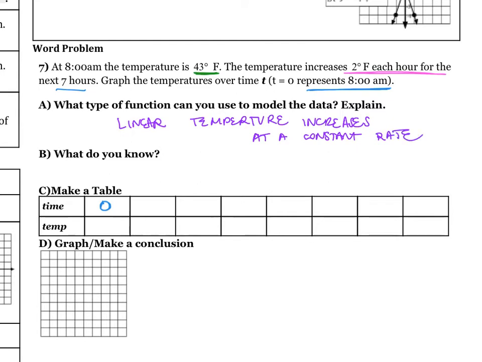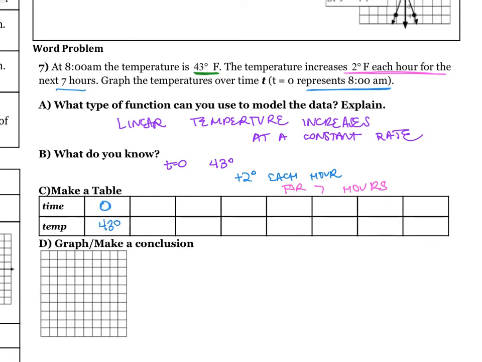So we know that at 8 a.m. or time 0, we're at 43 degrees. And then we also know that it increases 2 degrees each hour for 7 hours. So let's fill in the table. At time 0, we're at 43 degrees.